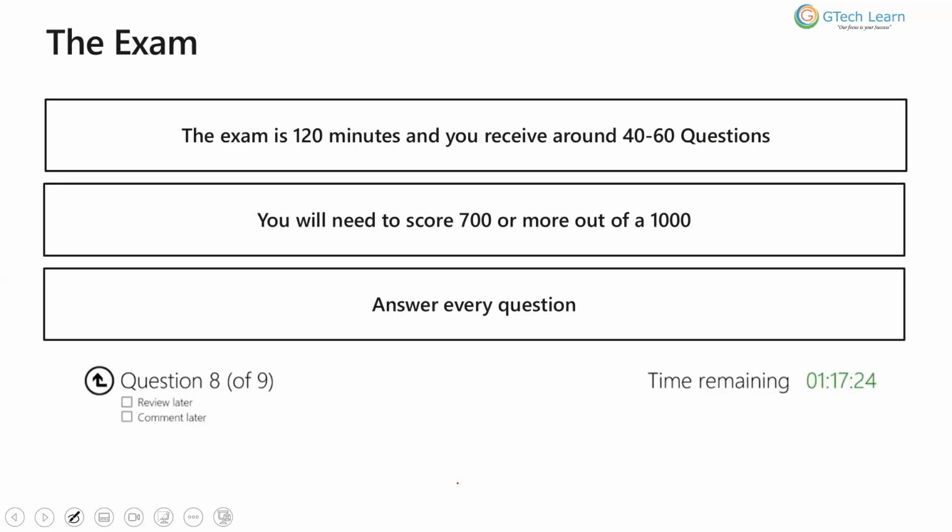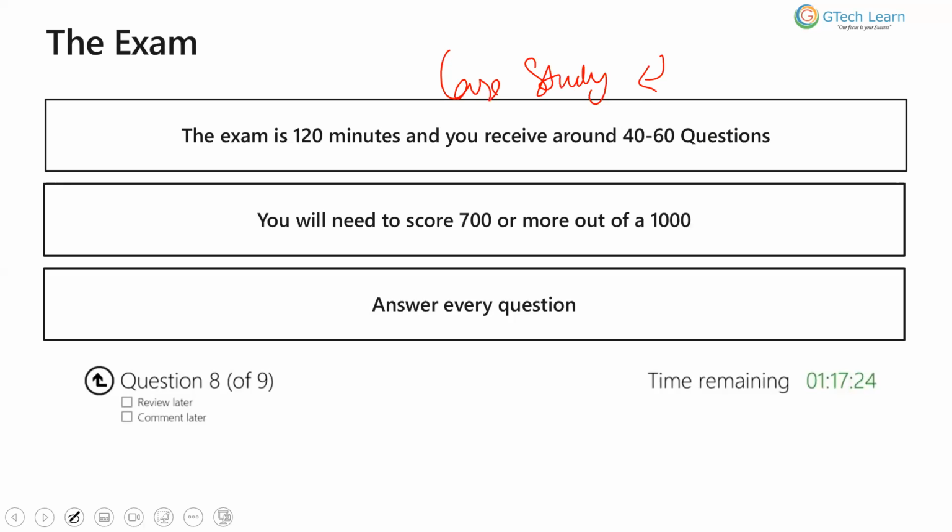Talking about what kind of questions will come in the exam. The first category is the case study type question, where Microsoft provides you some case studies. You need to read the case study, understand it, and based on it, they will ask you a few questions.